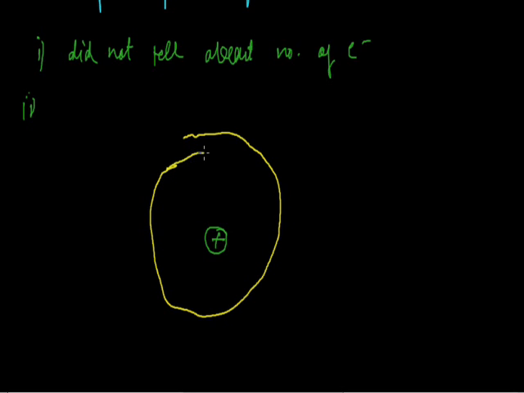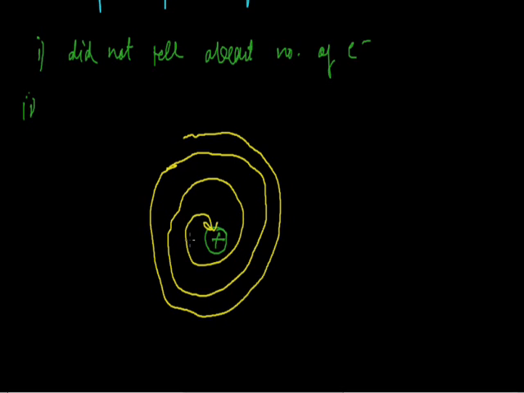So whenever a charged particle moves around another charged particle, it loses its energy and ultimately it should fall into the nucleus. But actually it does not happen. Atoms are stable. So this drawback in the atom model was further addressed by Niels Bohr. So you can see here Bohr's model of an atom.